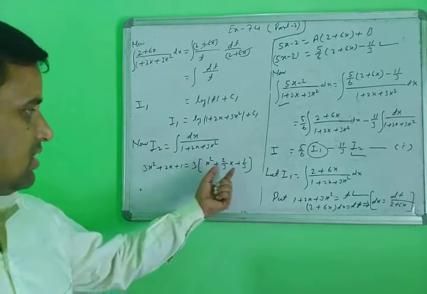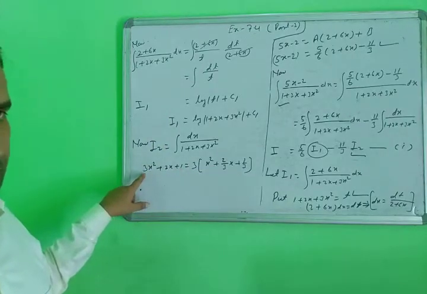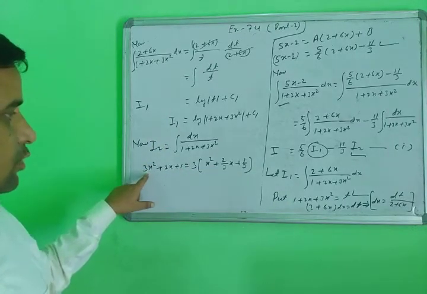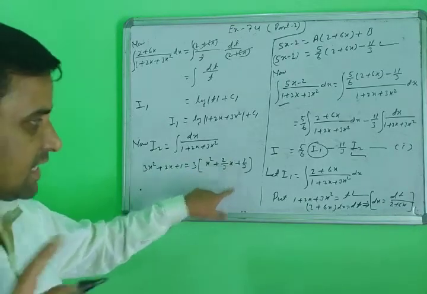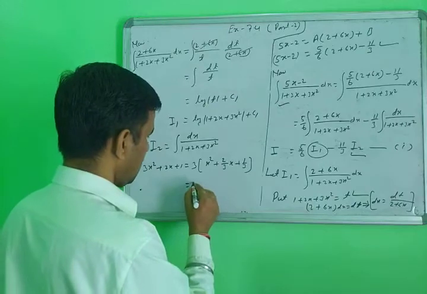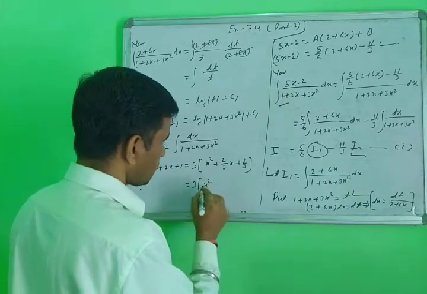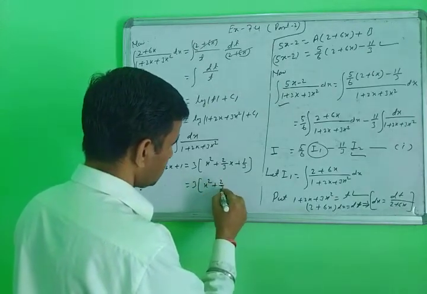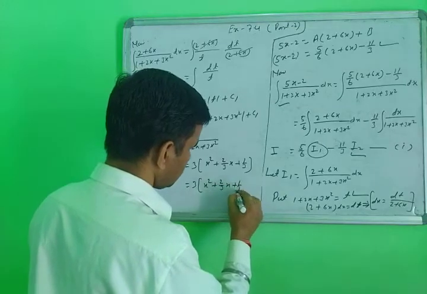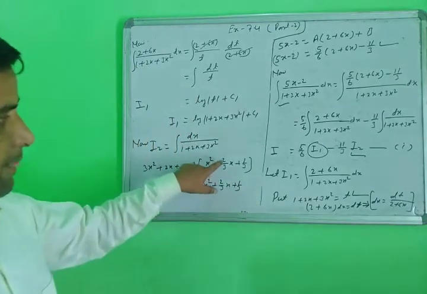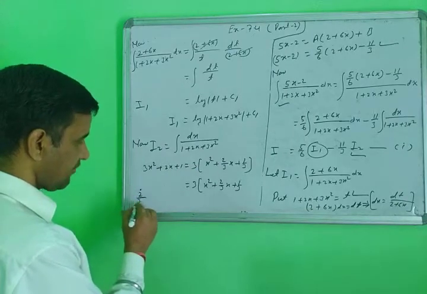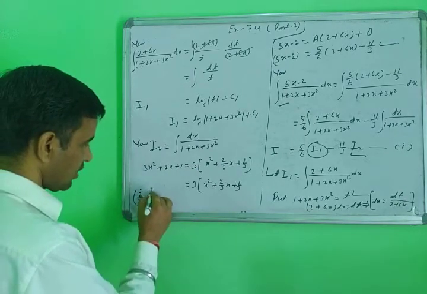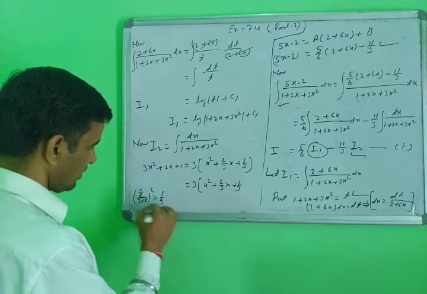Rule number first: any expression having a coefficient of x², you will take it common. After that, check the coefficient of x, which is 2 by 3. Half of it, and what is the square of this? This will cancel to 1 upon 9.